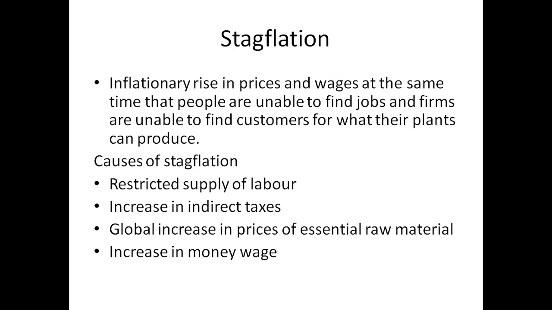There are certain causes of stagflation. Point number one is restricted supply of labor. Sometimes the supply of labor may be restricted by a rise in money wages under the pressure of trade unions, a rise in the legal minimum wage according to the Minimum Wage Act, and social security measures.